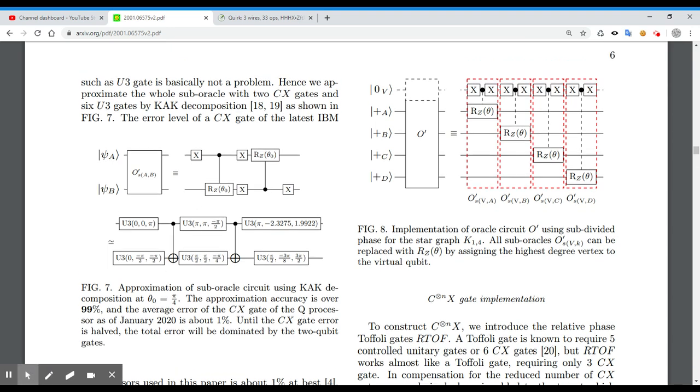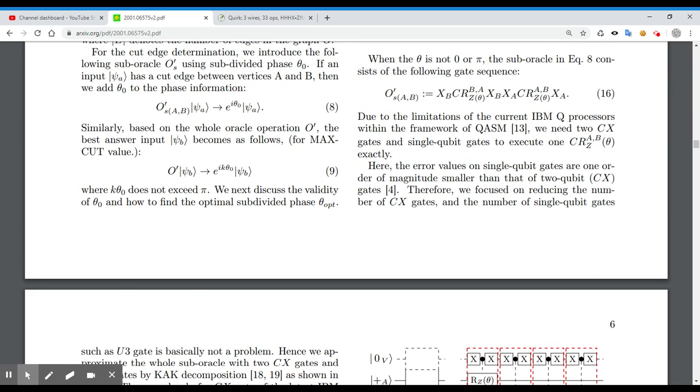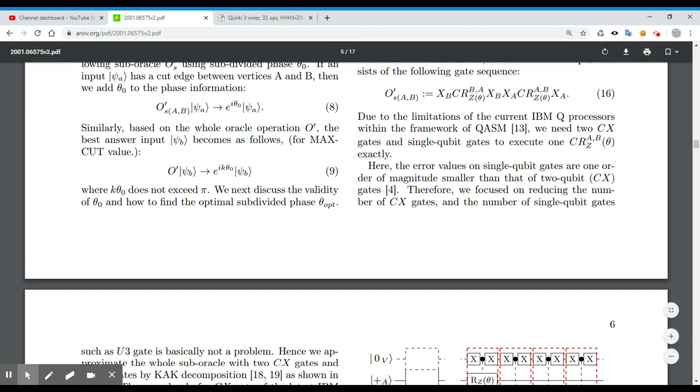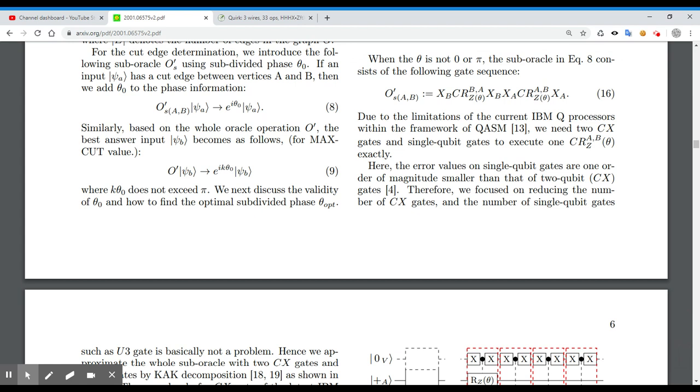The one thing I don't get is the whole point here is made that, due to the limitations of the current IBM Q processors, in order to implement a control Z rotation, you would need two control X gates.